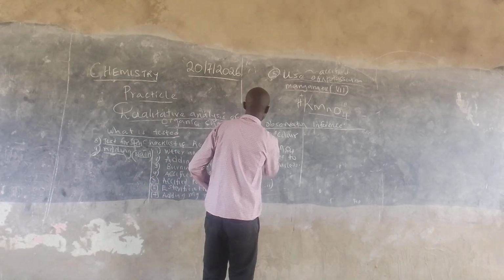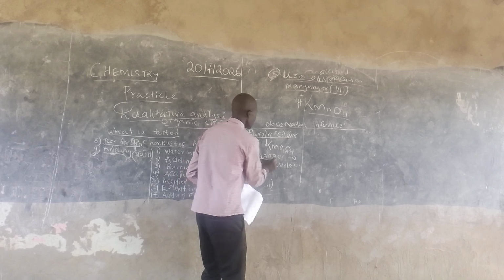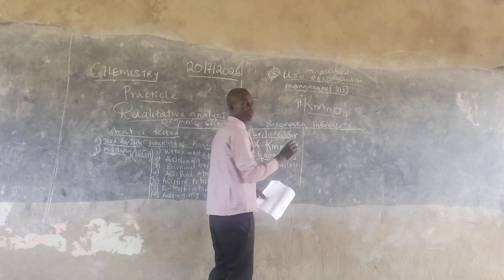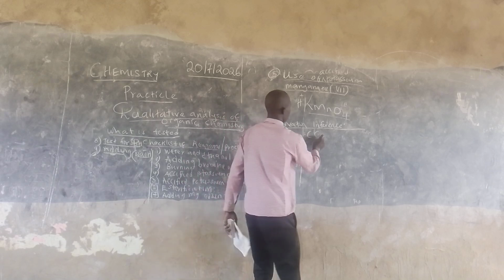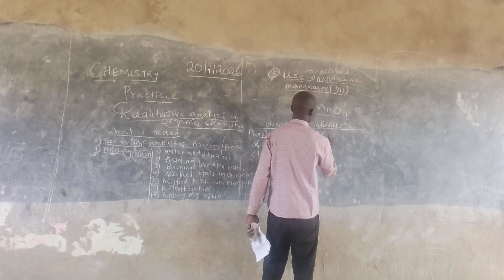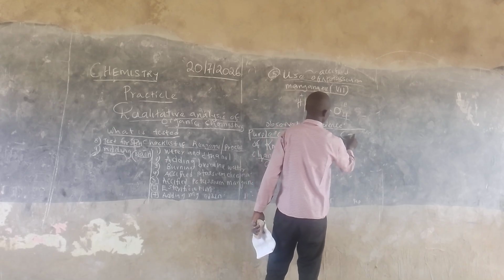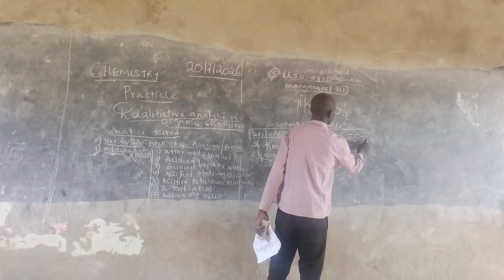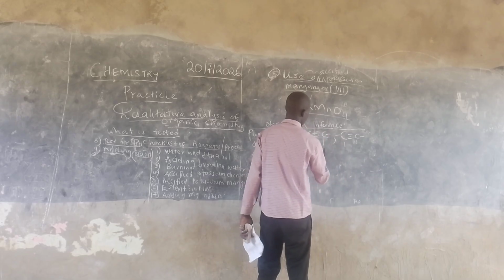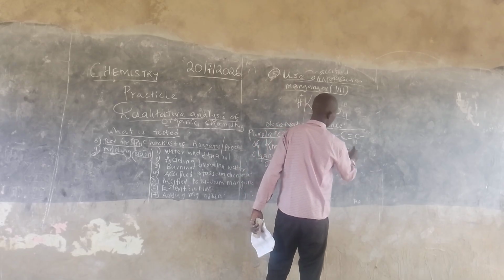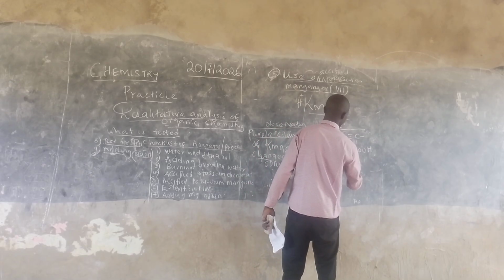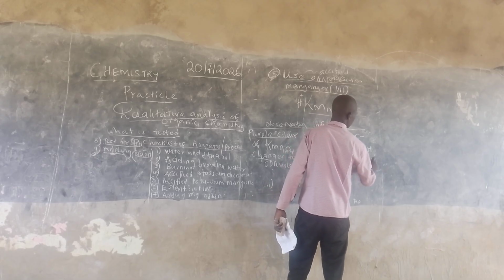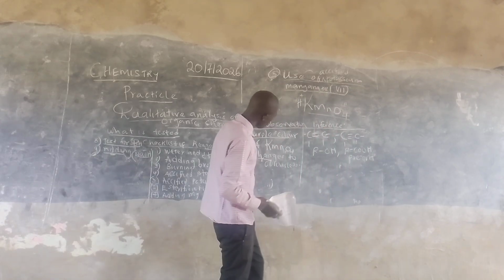You don't say decolorizes. We say changes from, to. There we say double bond, triple bond, R or H present. It tests for all the four.